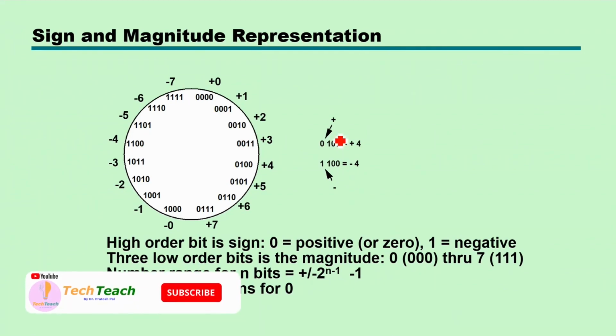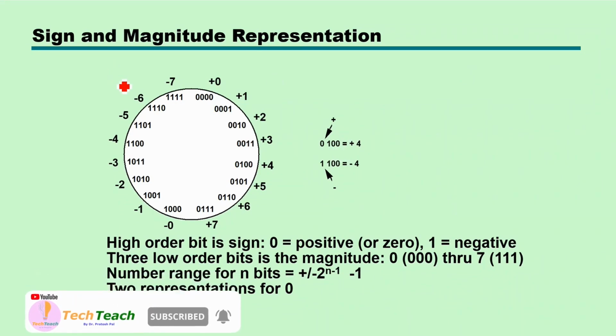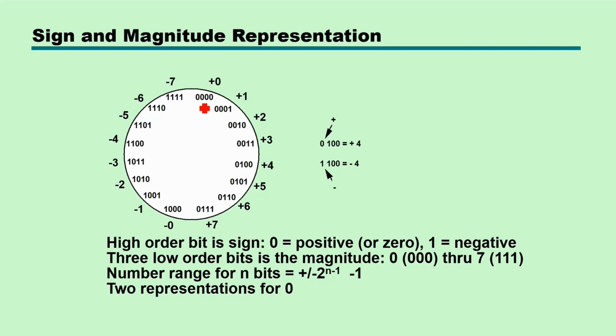We already know that if a number is written like this, first of all we are considering only 4 bits because we have taken an example of 4-bit data. In that 4-bit, 3 bits will represent the magnitude, and the MSB side will indicate the sign.